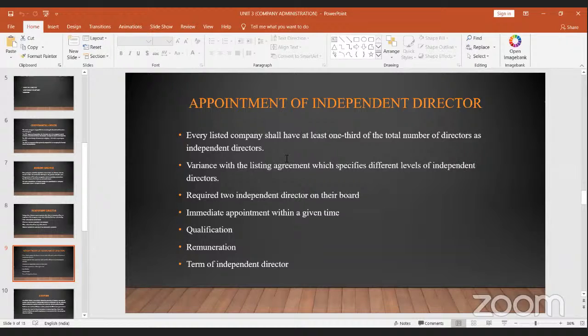What is the qualification? Qualification is like eligibility. As we discussed, he can't be a promoter, and he can't be a relative of a chief executive officer. And also the remuneration. Here he will not get any salary.